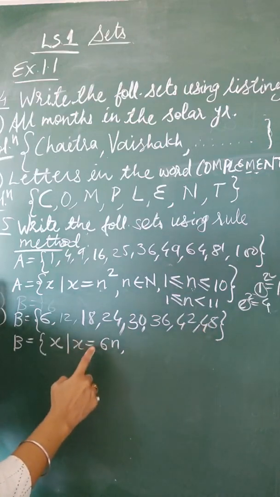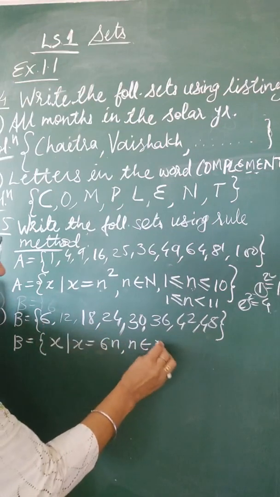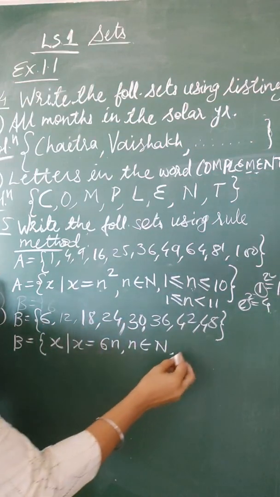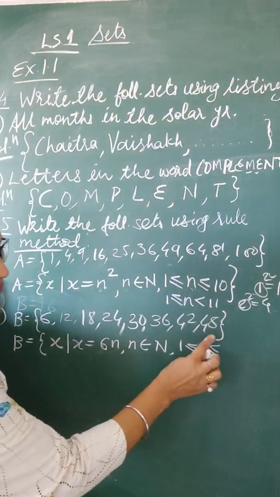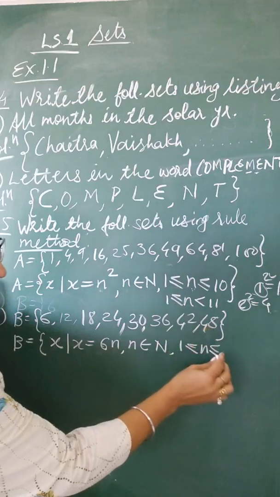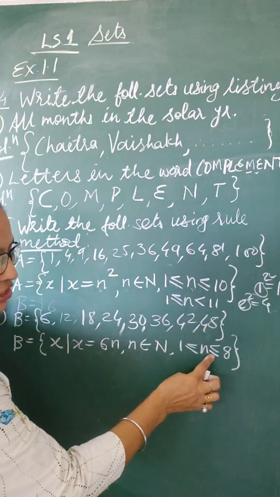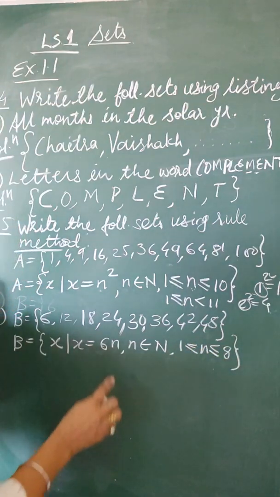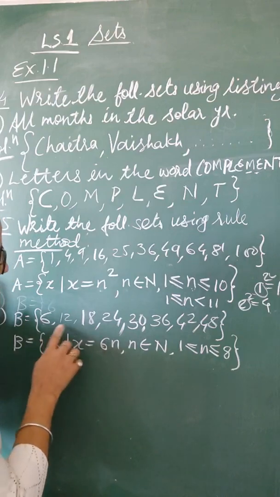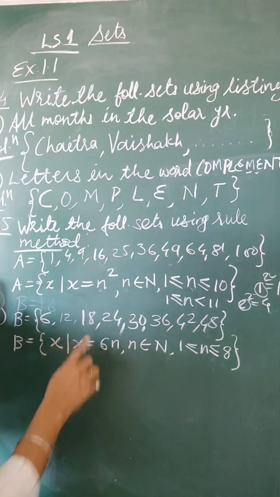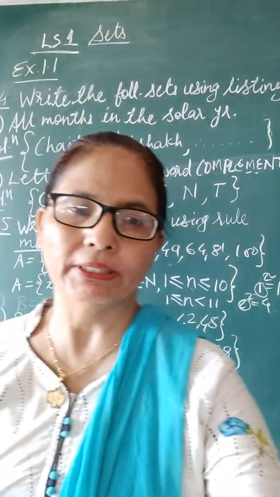Now you have to write that this n belongs to natural numbers, as it starts from 1, and 1 is less than or equal to n is less than or equal to 8, since 6 eights are 48. Or you can write n is less than 9. So whatever property you are using, that rule should match the listed numbers. Okay, so this is how to write in rule method.